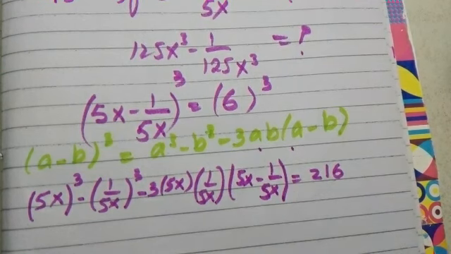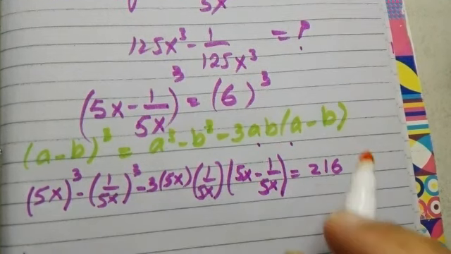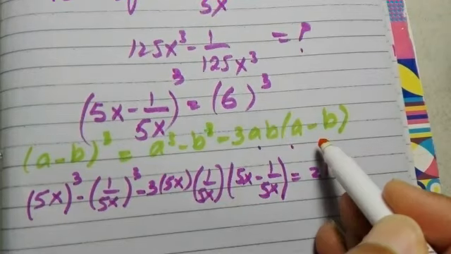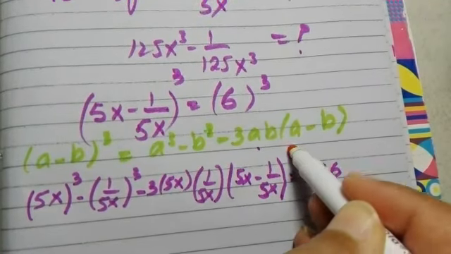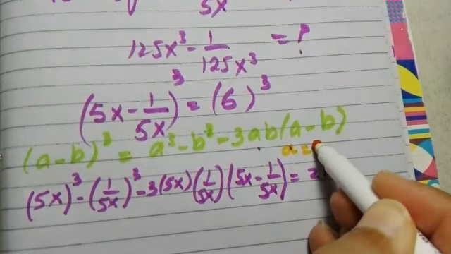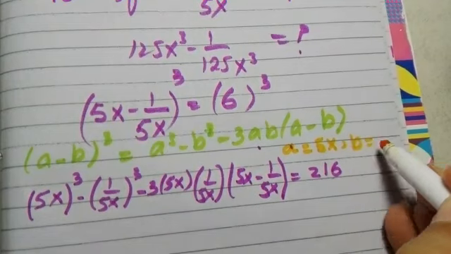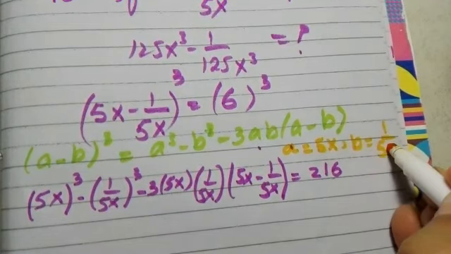So this has happened because we are taking a equals 5x and b equals 1 over 5x.